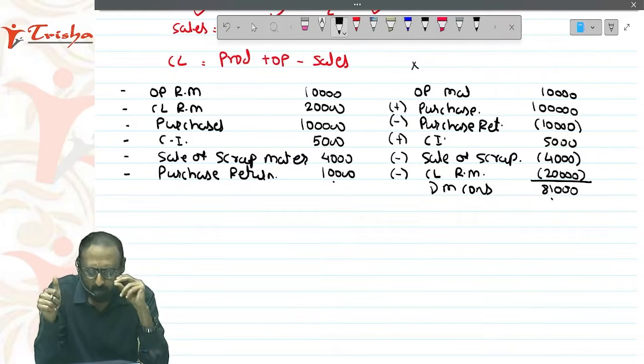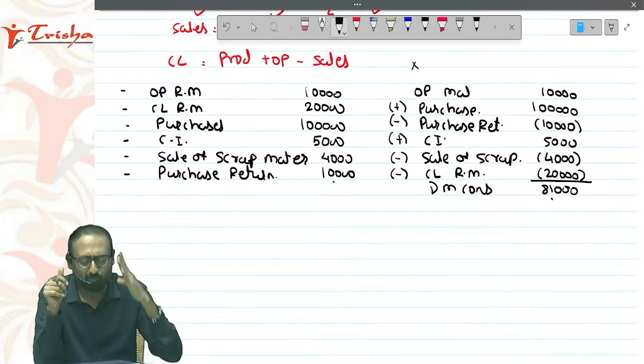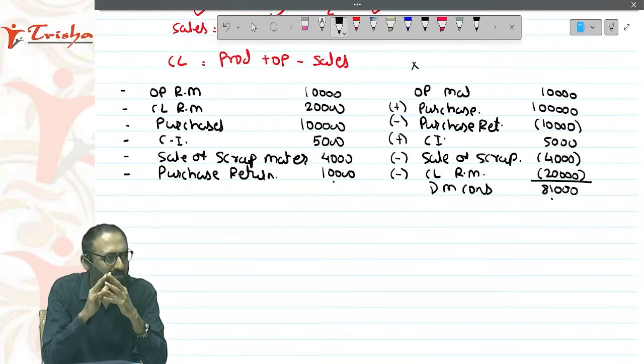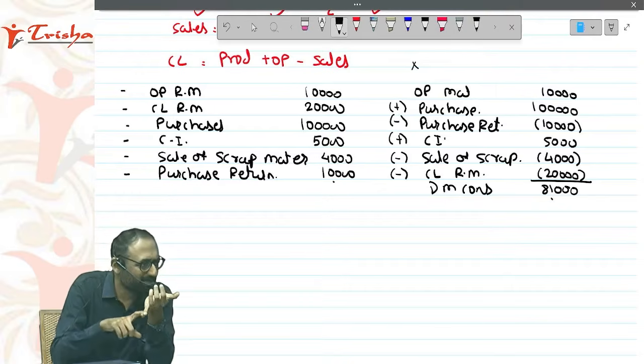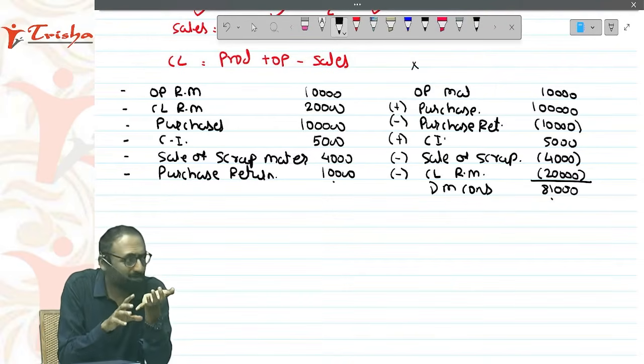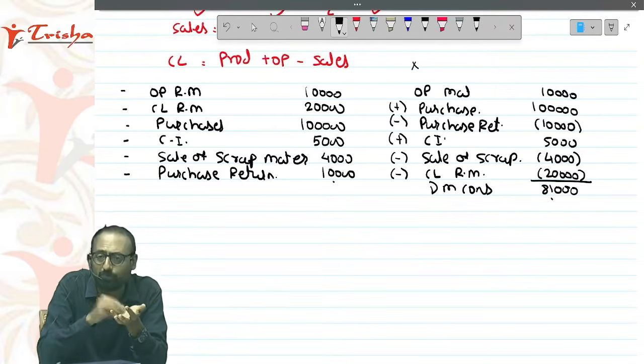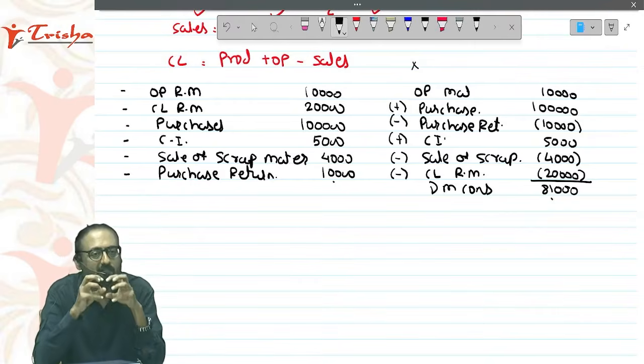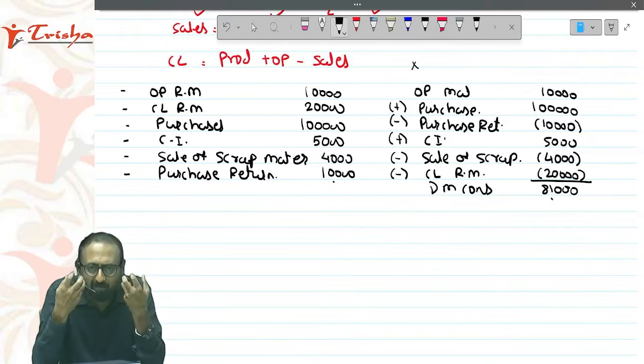Clear? Next item, Sarji, second line of the cost sheet is direct labor cost. Boys and girls, remember, in direct labor cost, not only direct wages will be covered, but you will have to add bonus, allowances, perquisite, overtime wages, whatever benefit workers are getting.